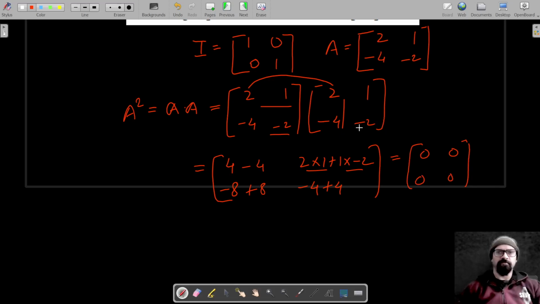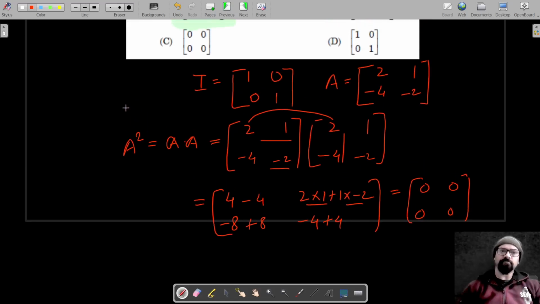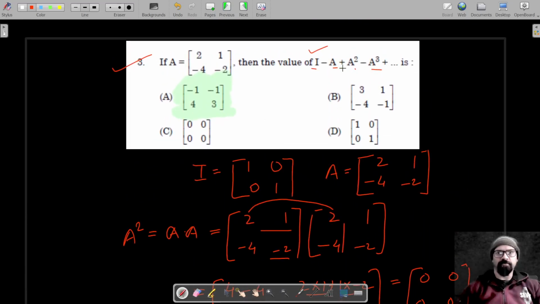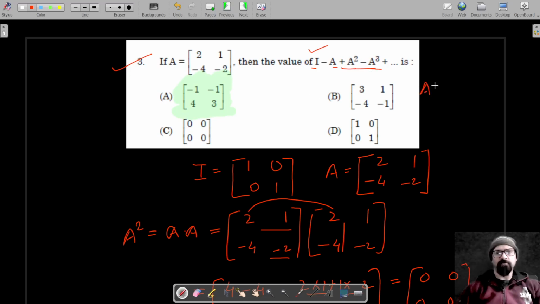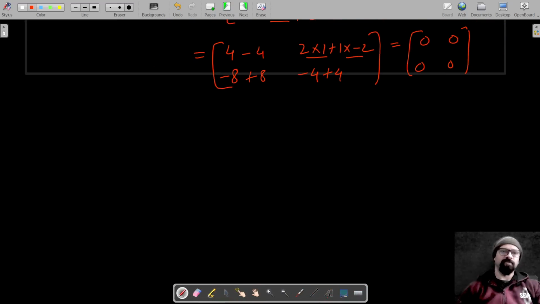So that means all other powers of A, where A has power 4 or power 6, that is A with even power, are 0. Now let's find out A cubed.